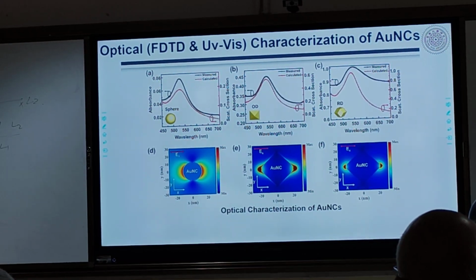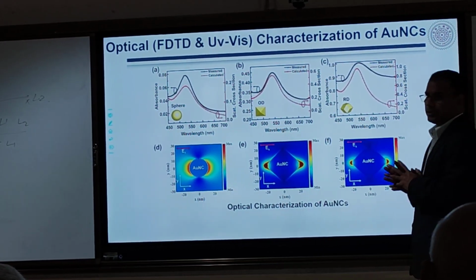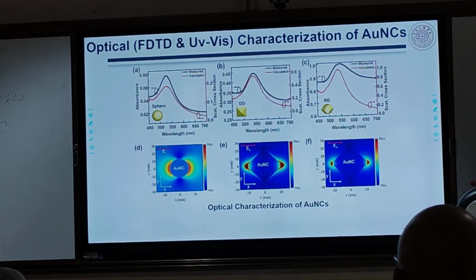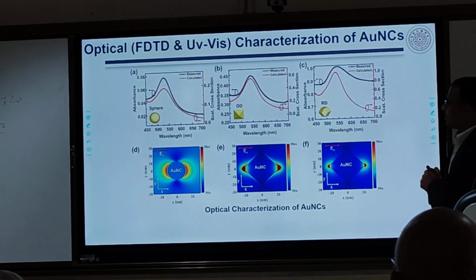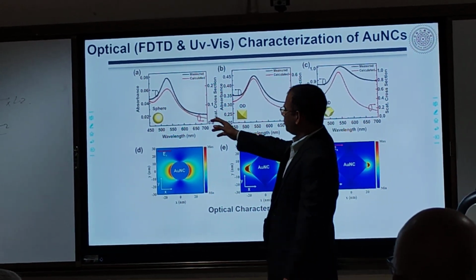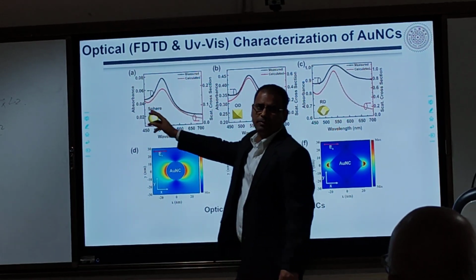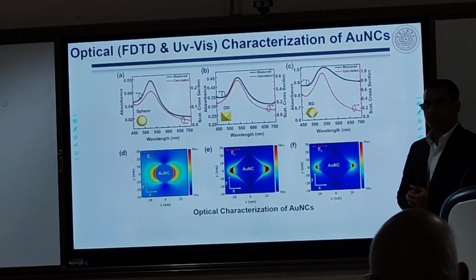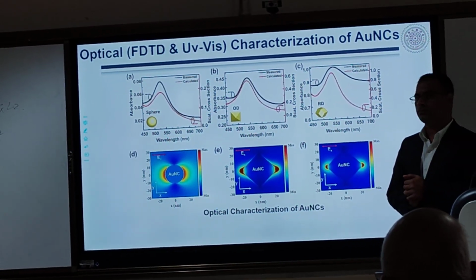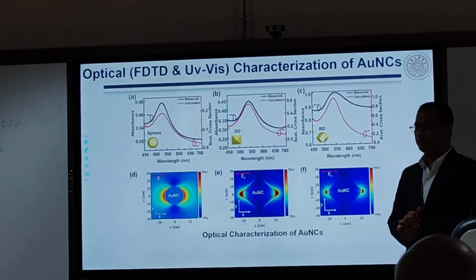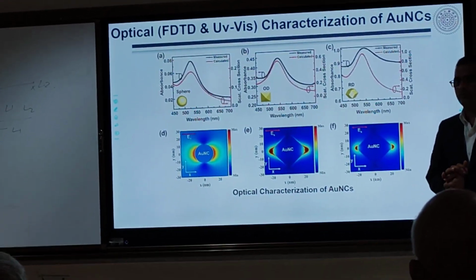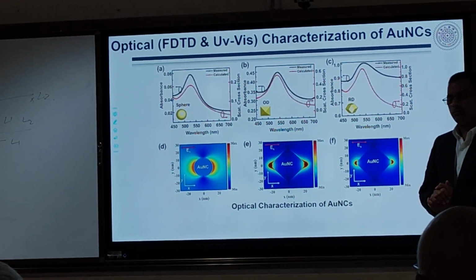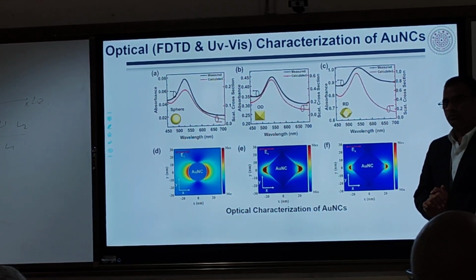Next, we have calculated the scattering cross section of these nanoparticles and compared it with the absorbance of the synthesized ones. This scattering cross section is coming from the simulation, and this absorbance is coming from the measurement. In the previous nanoparticle case, we have seen quite a uniform distribution, and then there is a heterogeneous distribution. So that's a macroscopic level understanding of this distribution.